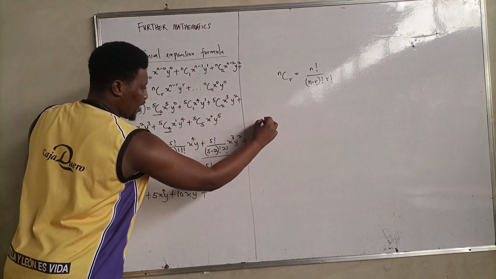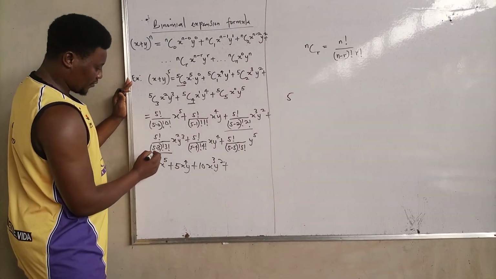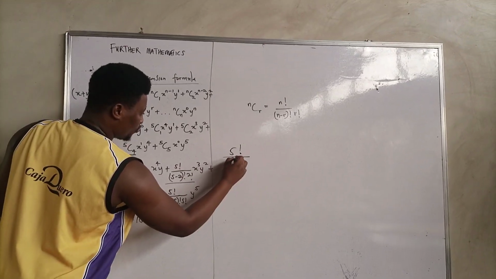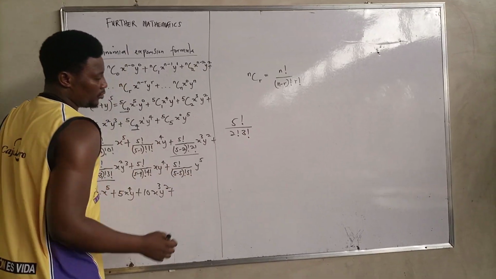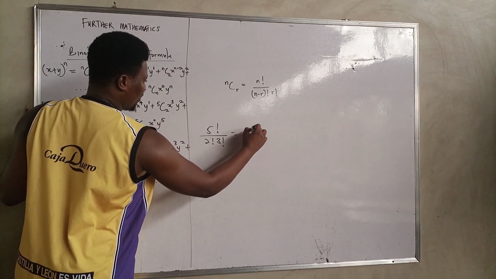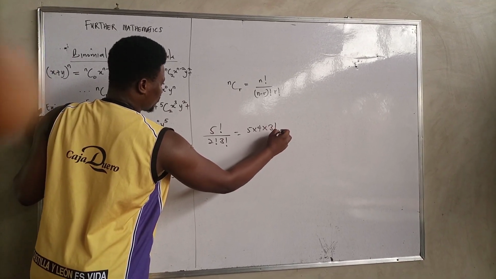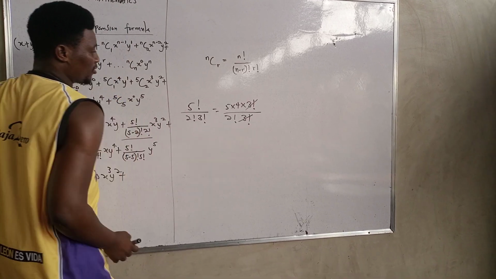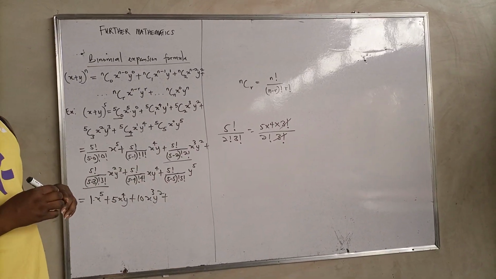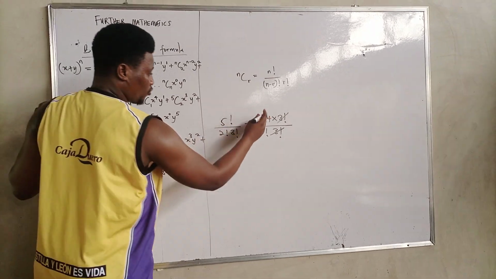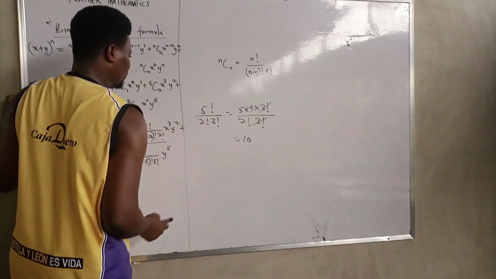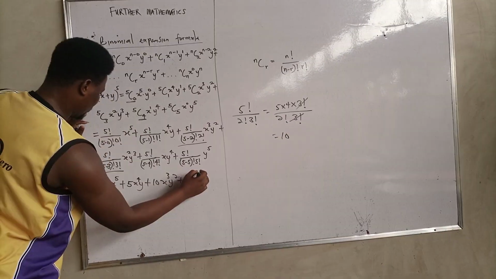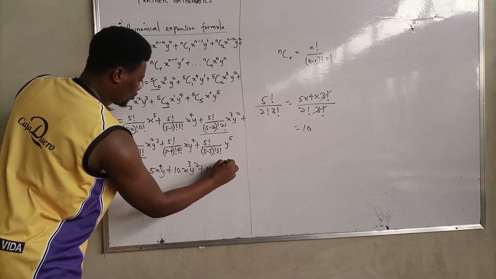So for this coefficient, 5 factorial over 5 minus 3 factorial, that is 2 factorial, then 3 factorial, which is still the same thing as 5 times 4 times 3 factorial over 2 factorial, 3 factorial. 3 factorial is gone as usual. 2 factorial is 2. That is 5 times 4, 20 divided by 2, we have 10. That is plus 10 x squared y raised to power 3.